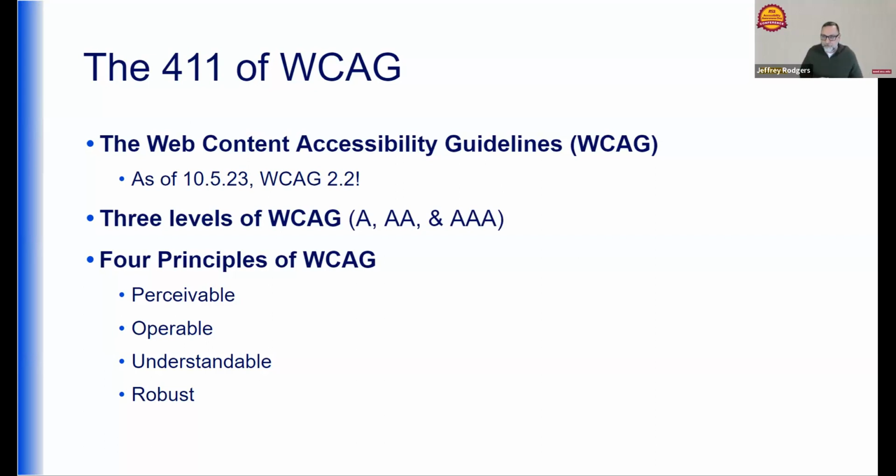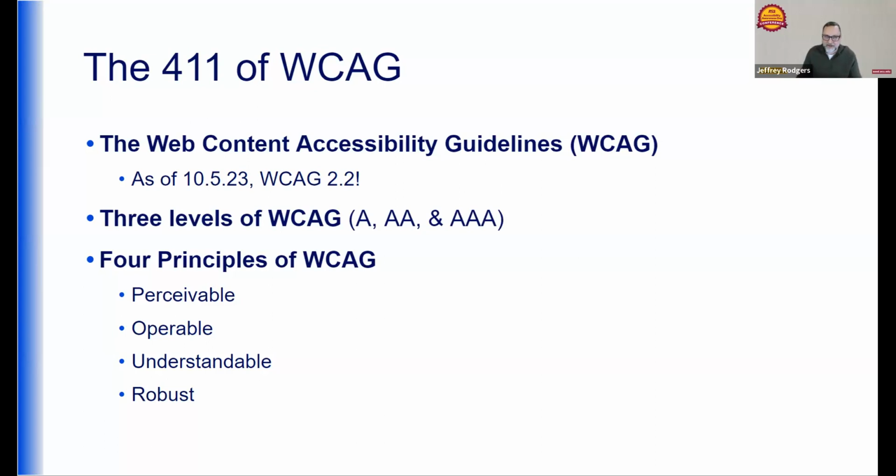And as of October 5th, we are now on WCAG 2.2. That just came out, which in the accessibility world is a huge, great thing. We've been waiting for this for like 2 years now. And so finally it's out. They've updated and added some criteria and took away one.